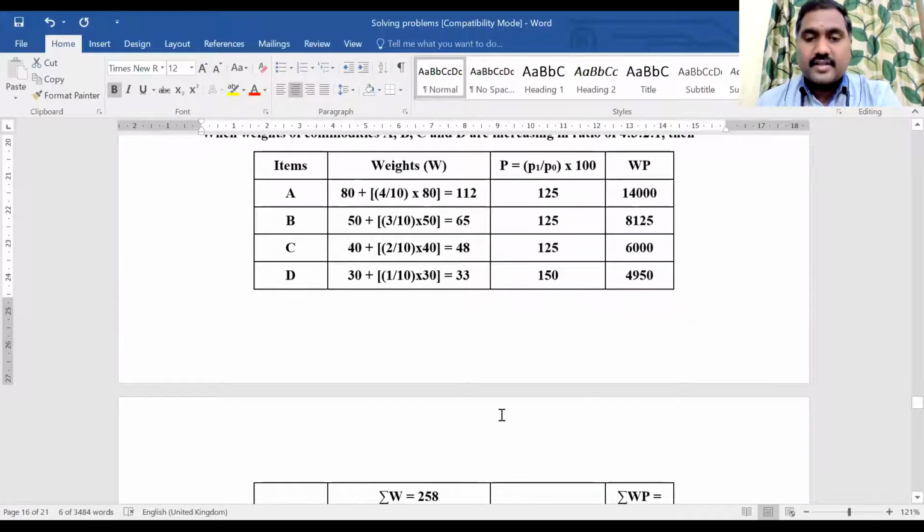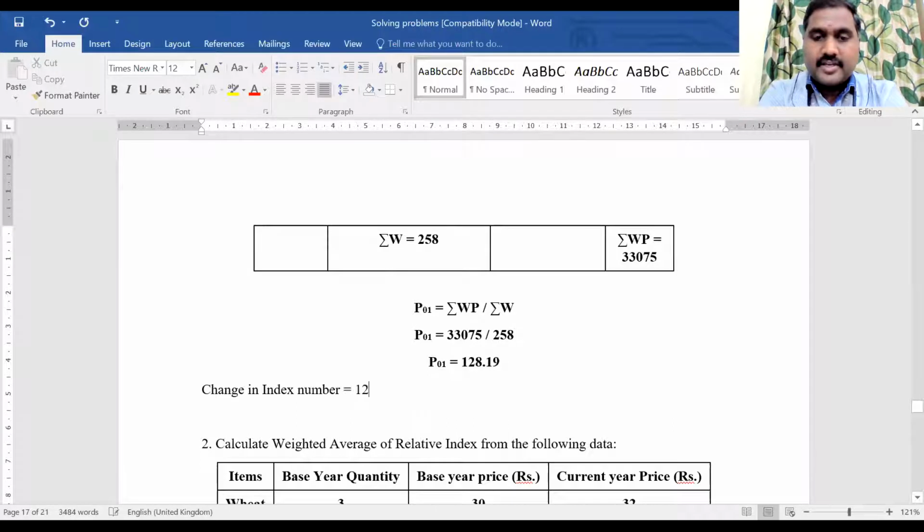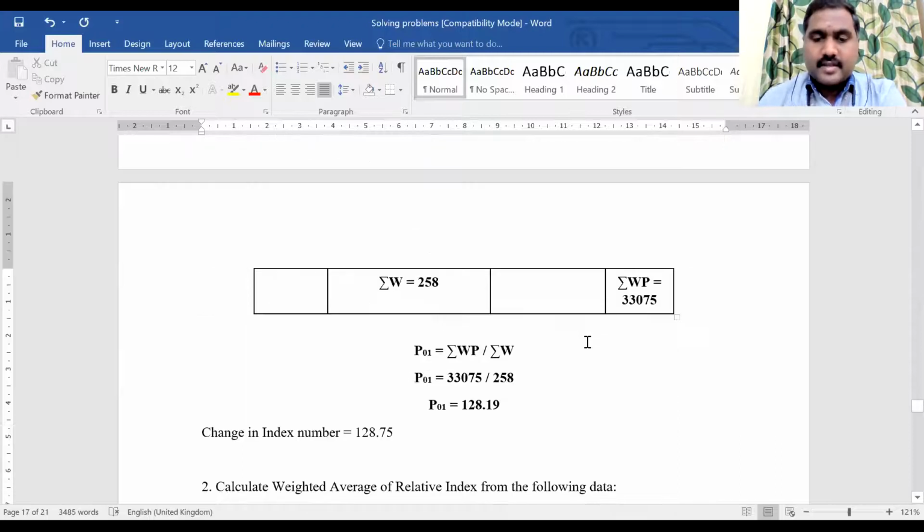The previous one was 128.75, right? Minus 128.19. What is the change in the index number? 128.75 minus 128.19 is 0.56. So 0.56 is the difference in the index number. Okay, so this is the final value we got.